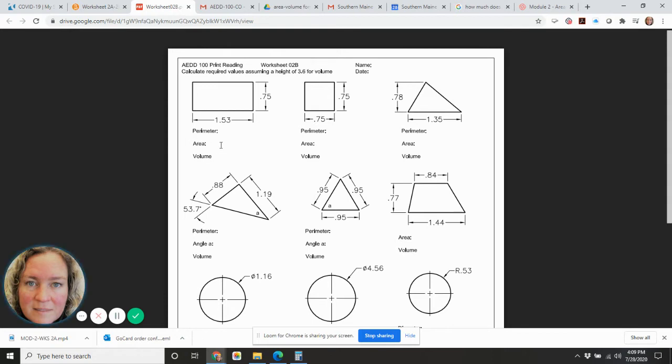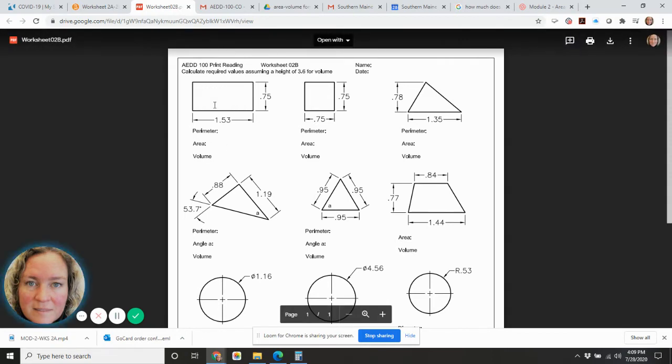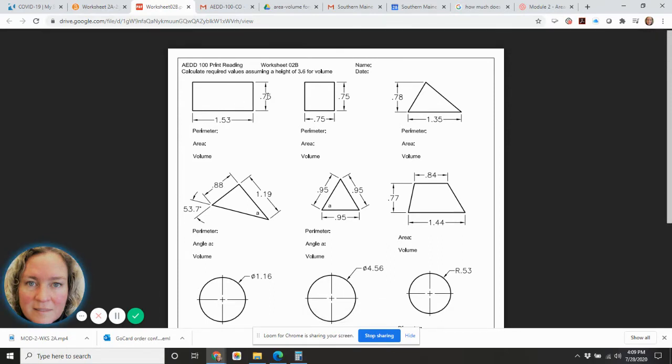If we're looking for area, we're looking for the surface area of this space here, and we would get that by multiplying the length times the width. Length times width equals area. And then finally, volume.